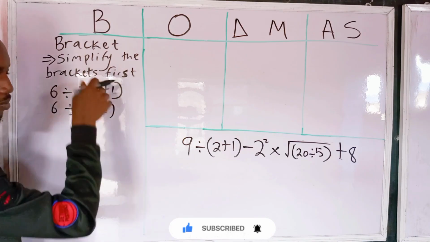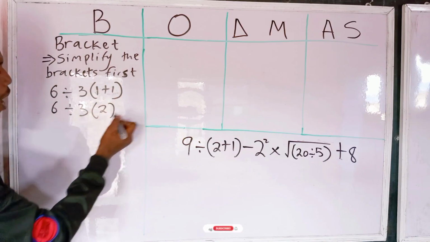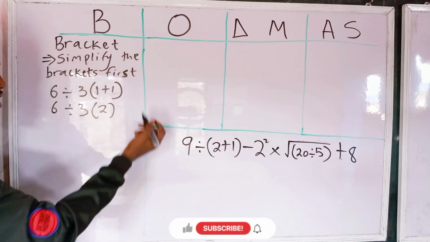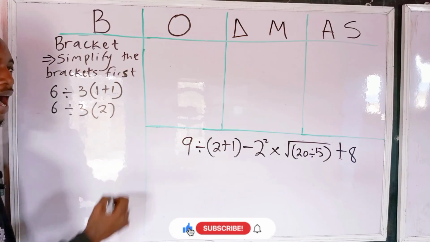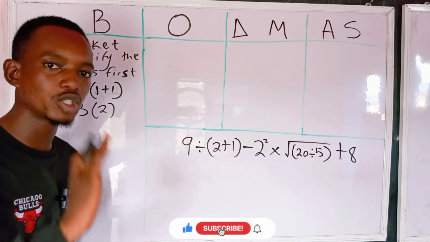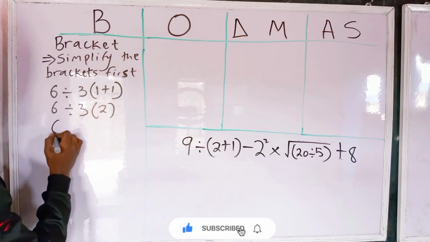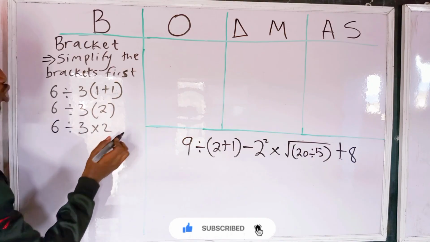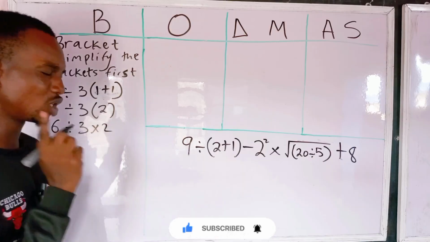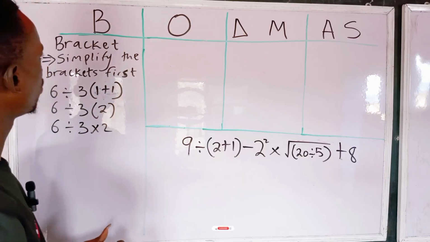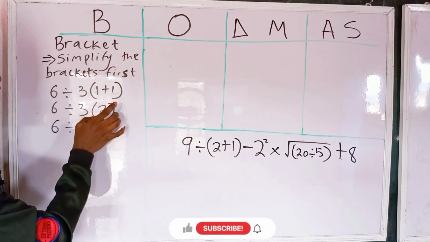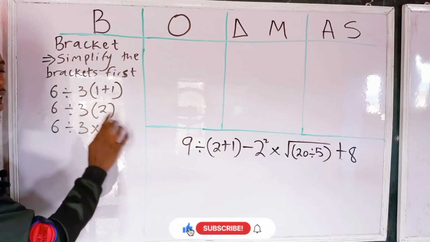We are through with that simplification. Please, this bracket now acts as multiplication. In fact, I can rewrite this as 6 divided by 3 times 2. It acts as multiplication. The reason I say this is because many people make a mistake and say that this bracket here means that I should multiply first.